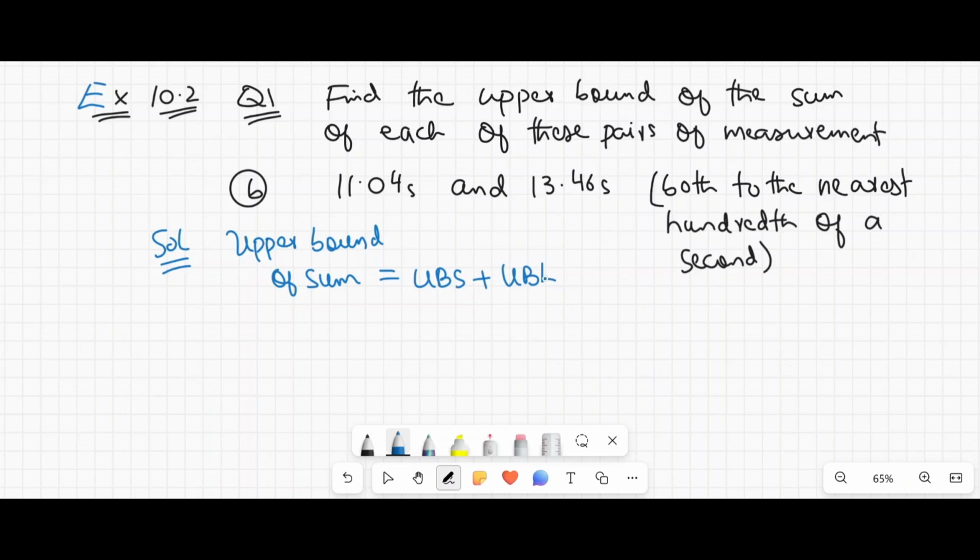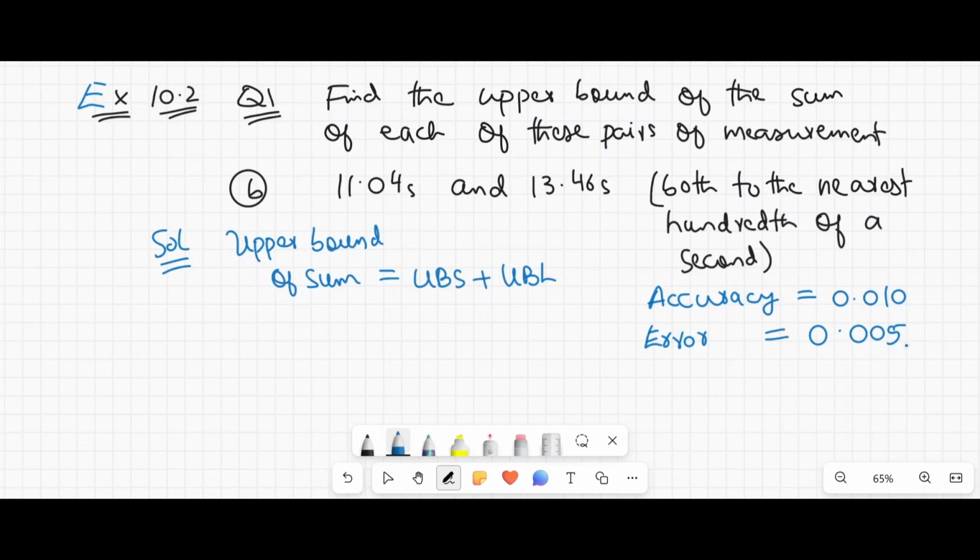For finding the upper bound, let's see what the accuracy is. The accuracy is 0.01. To find the error term, divide the accuracy by 2, and you will get 0.005. So this is our error term.